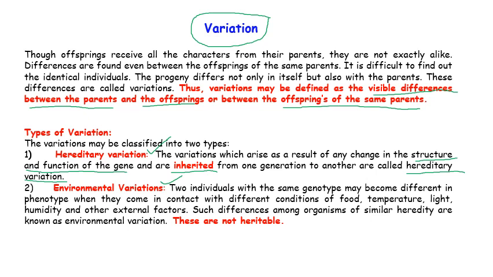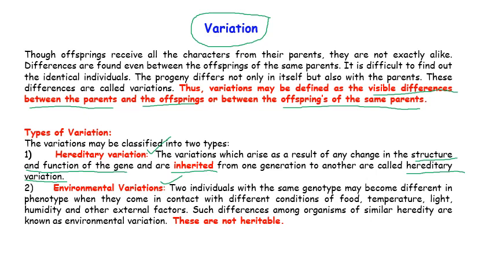For example, the color of your eye and the color of your skin are hereditary variations. Your eye color may sometimes vary from your parents. Normally the color of the eyes is black or brown. Now, due to mutation, the color of the eyes in the baby may be blue.